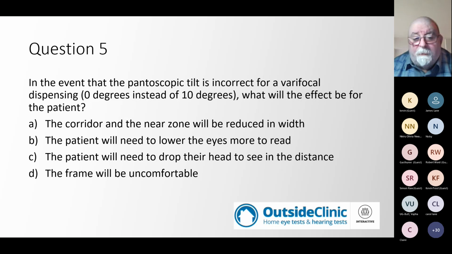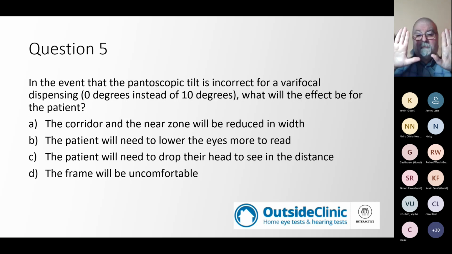The patient will need to lower the eyes more to read. Well, as I pull the bottom of the frame away, the eyes will need to lower less in order to read. The corridor and the near zone will be reduced in width, and this is the actual answer for this.